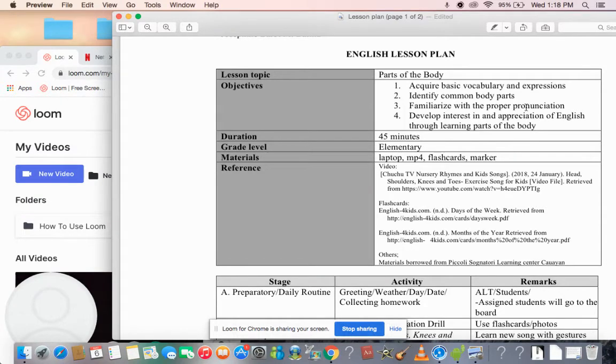Maybe they will do some memory game. To identify common body parts, maybe you have Simon Says touch something. To familiarize with the proper pronunciation, you have the drill activity. And to develop interest and an appreciation of English through learning parts of the body, you make your learner appreciate English more.